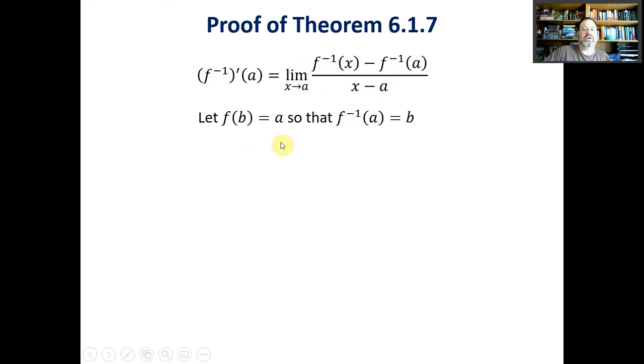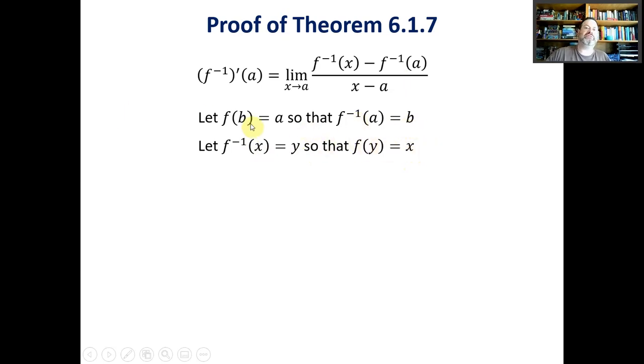Then we make sure that we label all the points. This is the same stuff as the graph. Remember, f inverse of a was b on our graph a couple slides ago. That means f of b equals a. Then let the inverse of x be y, so any x value we plug in, we get y. That means f of y equals x.